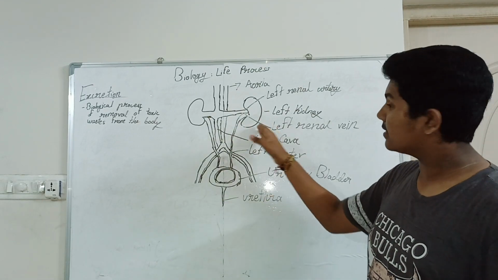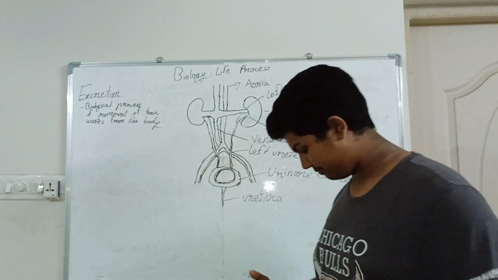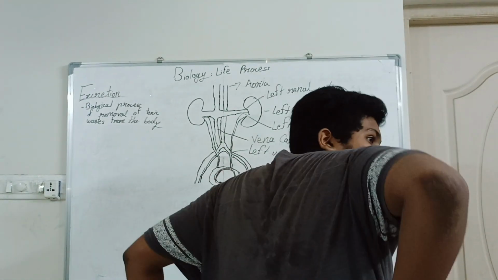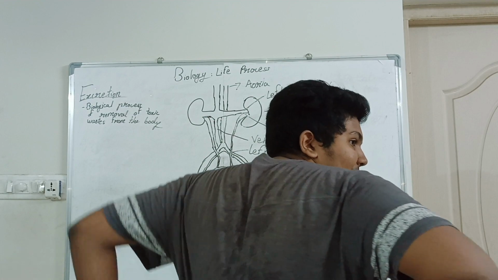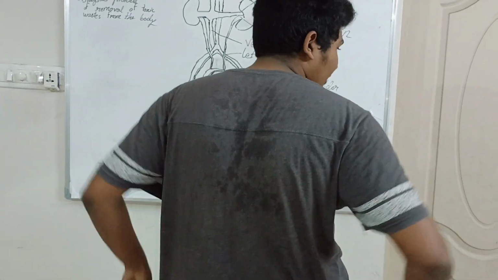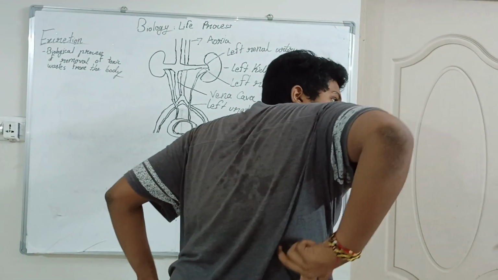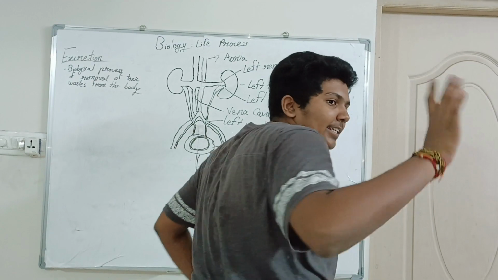Anyway, here is the left kidney, here is the right kidney. Here somewhere this point is the right kidney and here is the left kidney. Although I don't have anything to exactly point out, approximately around here is the right kidney.